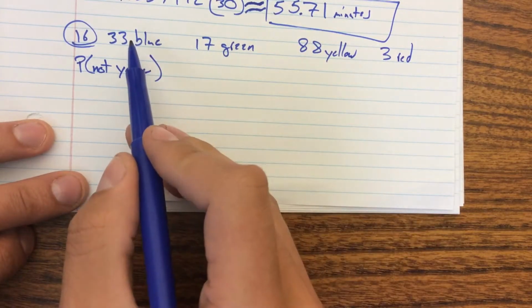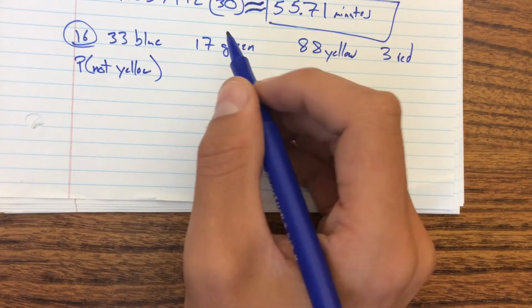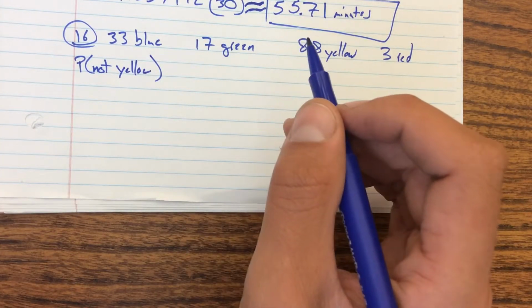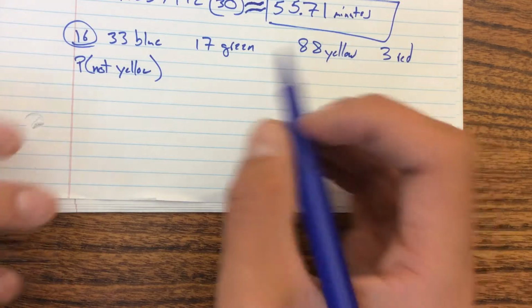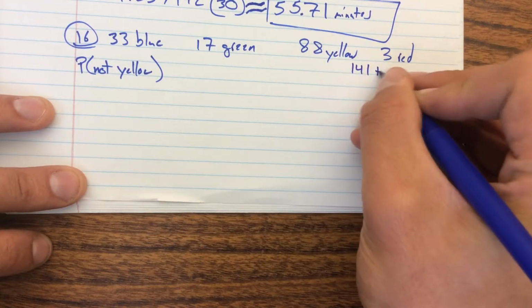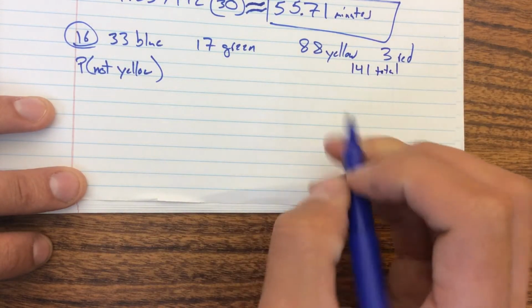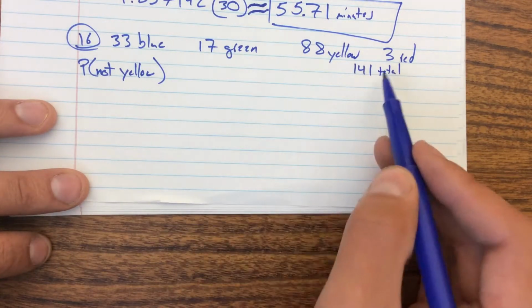And the first thing I need to know is, what is the total number of tiles in here? So I have 33 plus 17 plus 88 plus 3, and my total should be 141. So 141 total. And I want to know the probability of not yellow, so I'm going to add up all the ones that are not yellow, and I'm going to divide them by the total.